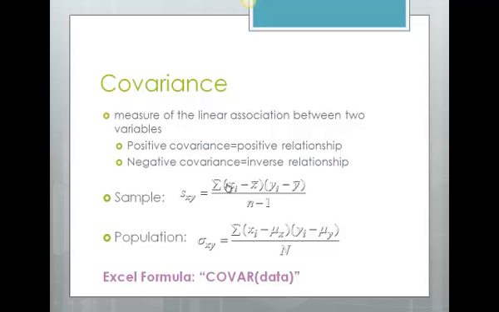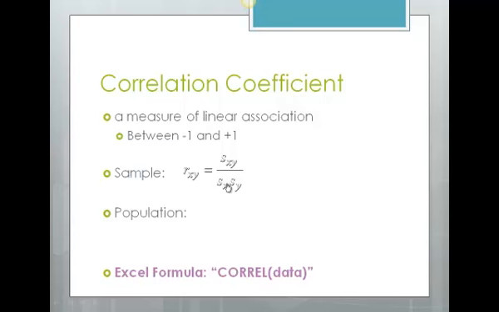Now, covariance can be used to help us determine the strength of a linear relationship. Our covariance really only tells us whether the data sets move with one another or against each other. The correlation coefficient tells us the degree of strength of those relationships.